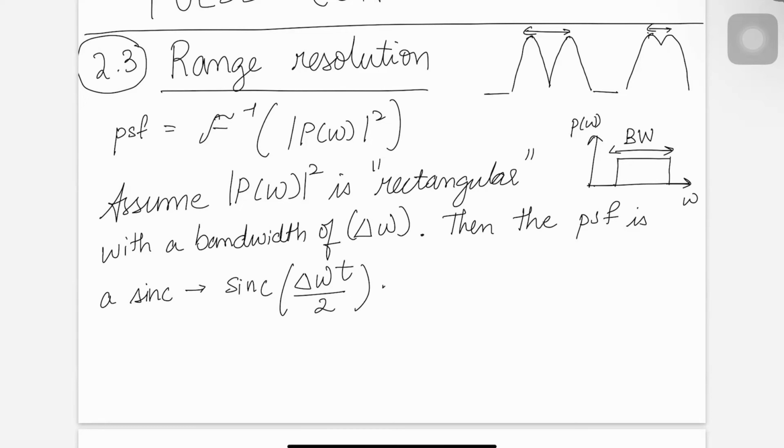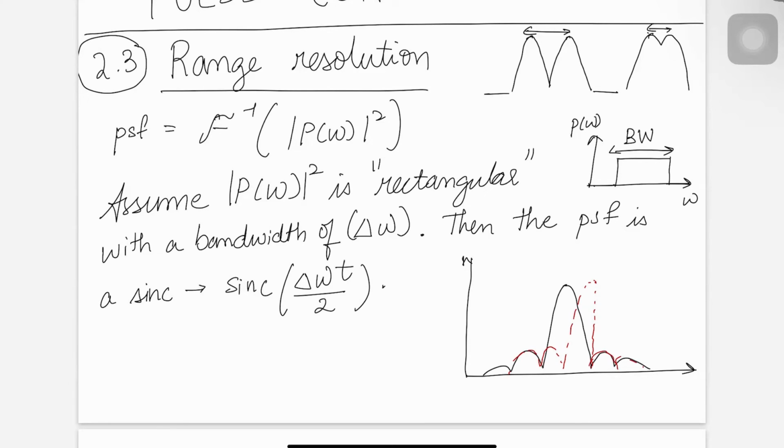So what does this mean? If I have two targets, or one target in this case, then the PSF would look like a sinc function. The arbitrary definition in this case for range resolution is that two targets are considered resolved if the second target lies in the first null of the first target's point spread function. So you want something that looks like this.